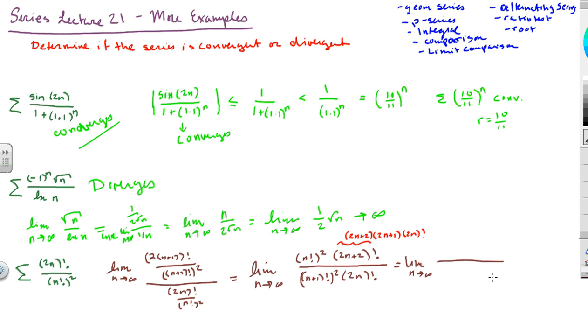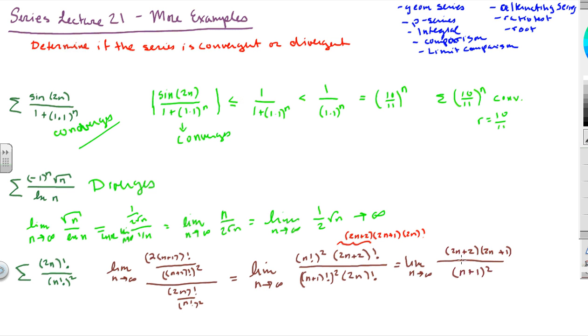So we can cancel a 2n factorial there as well. This is going to leave us with an n plus 1 squared in the denominator, and 2n plus 2 times 2n plus 1 in the numerator.